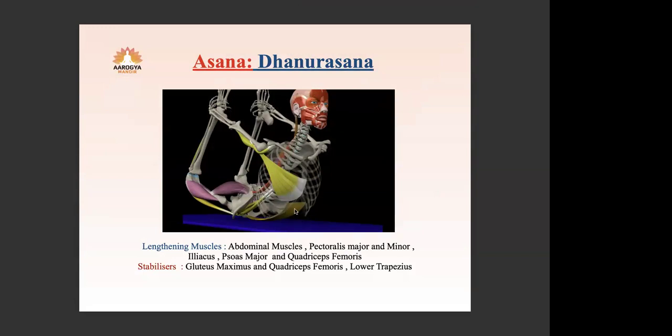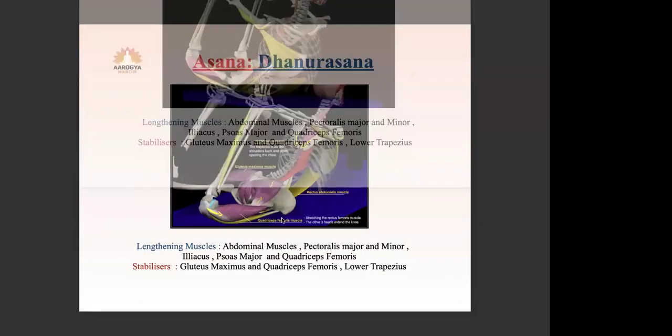Apart from that, you can see the abdominal muscles marked in yellow are getting stretched. Again, the psoas major and iliacus are getting stretched. And you can see the rectus femoris also getting stretched over here. Let's have another view.